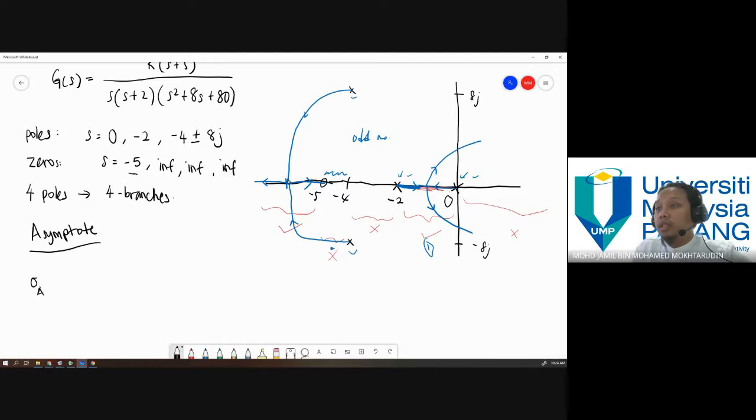Okay, so asymptote. You'll find this intercept. So summation of poles minus summation of zeros, divided by number of poles minus number of zeros. So there are 4 poles minus 1.